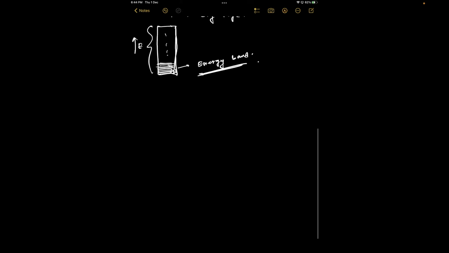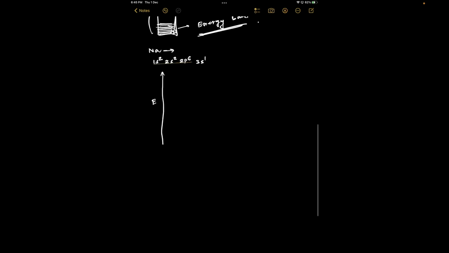Okay, now let's consider the case of sodium. The electronic configuration of sodium is 1s2, 2s2, 2p6, 3s1, right? So let's say on the y-axis this is energy, and this is 1s, then this is 2s, this 2p, then this is 3s and 3p, like this.